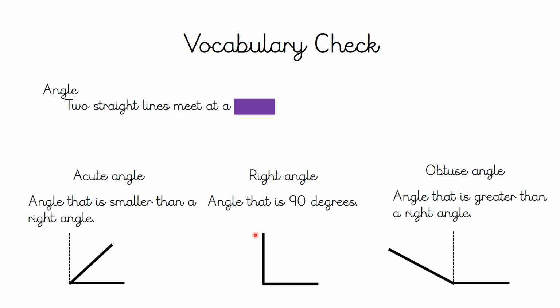A right angle is an angle that's 90 degrees. An acute angle is smaller than a right angle, and an obtuse angle is greater than a right angle. You are going to need all of this vocabulary today to help you describe 2D shapes.